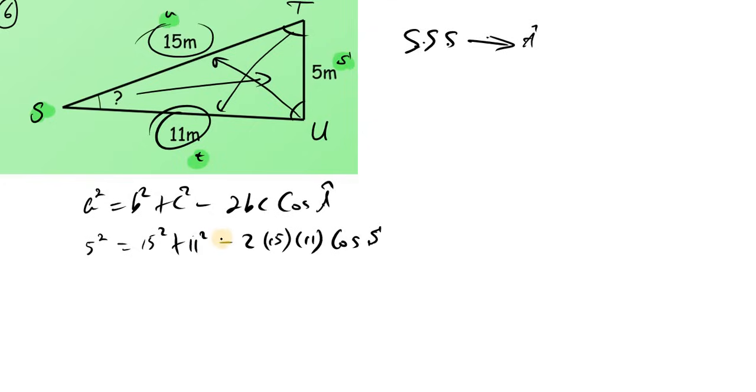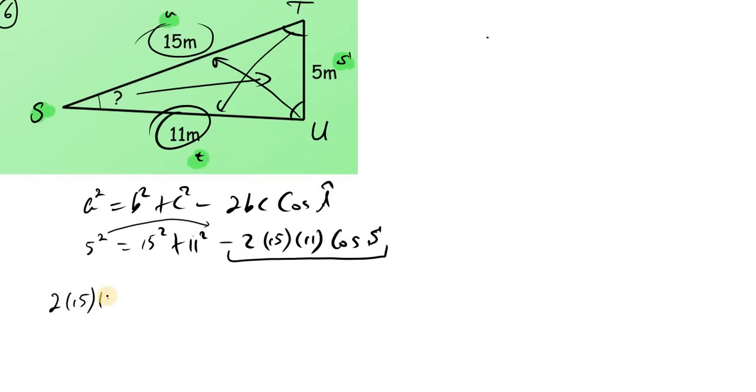So what I'm going to do, remember what we did last time, is transfer this 5 squared over. And see this product here, because everything is multiplying here, this is really one term. We can't work out this portion, 2 times 15 times 11, and subtract it from the result of 15 squared and 11 squared. But I'm going to carry this across, so it becomes positive, 2 times 15 times 11, cos of S, angle S that is.